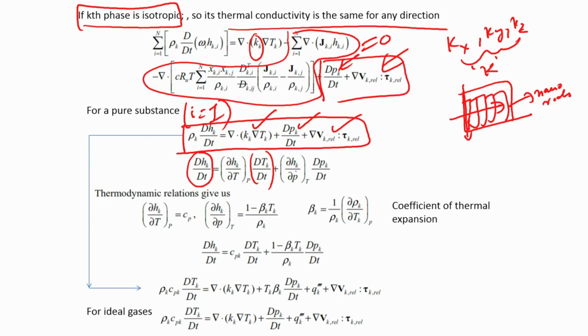Similarly, we do the same thing with respect to pressure at constant temperature, and we cast this in terms of DP by Dt. So, what we have essentially taken is that Hk is a function of P and T, which is a standard thermodynamic definition, that you can specify a property in terms of two other properties.